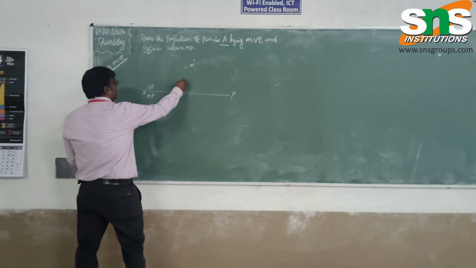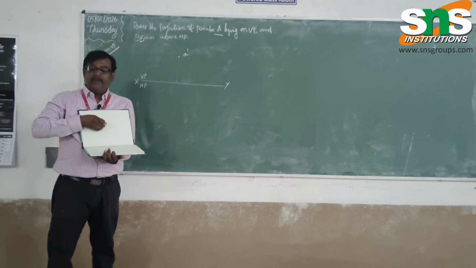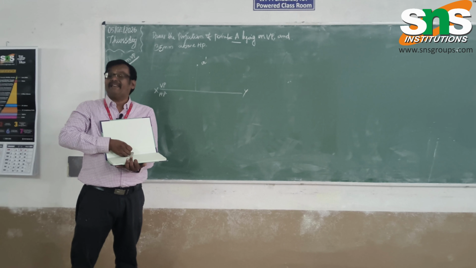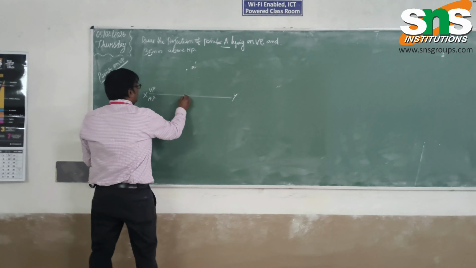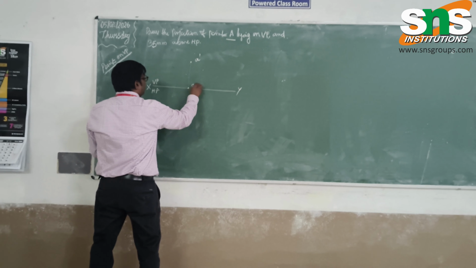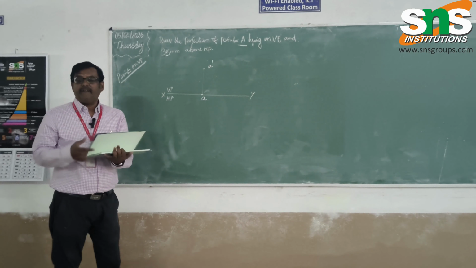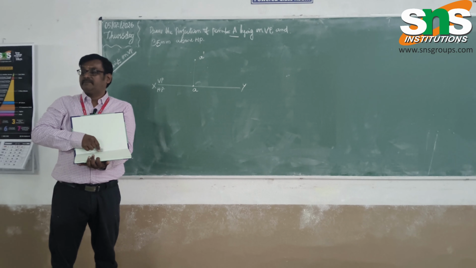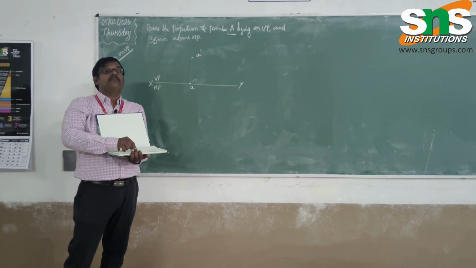What is the distance between these? This is A dash. Then this is on VP, which is lying on the same XY line itself. In the top view, this is A, or we can indicate it at the bottom also, because in the top view it is lying on the XY line itself, just opposite to the point on HP.